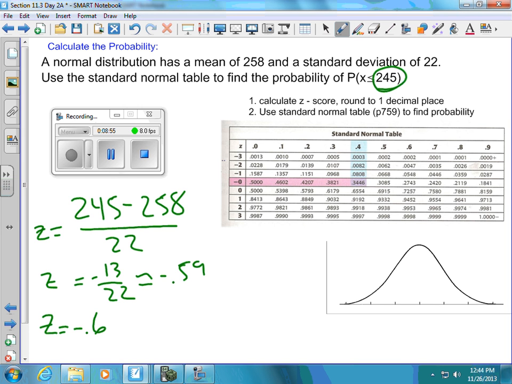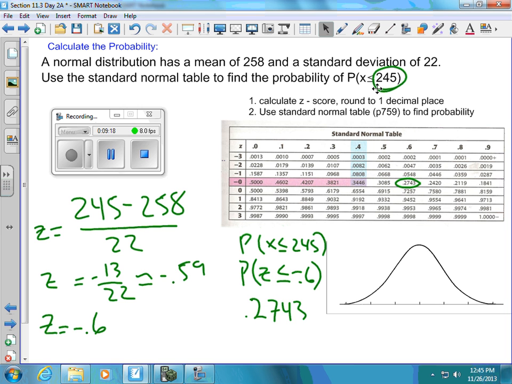So the probability that x is less than or equal to 245 is equal to the probability that our z-score is less than or equal to negative 0.6. Negative 0.6, that's that score right there, or 0.274.